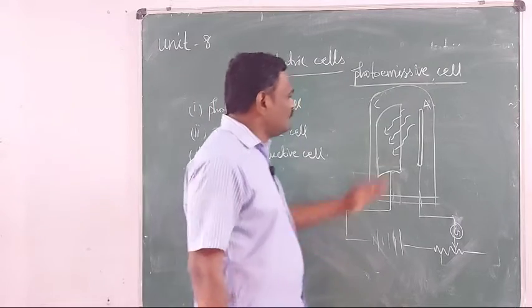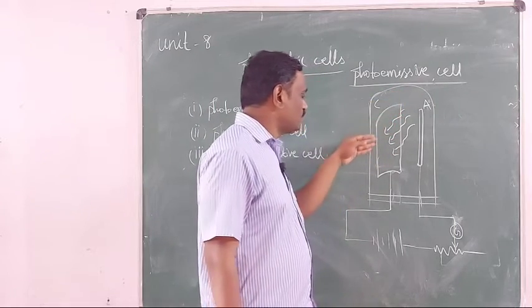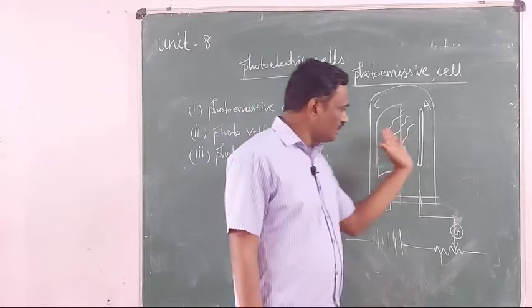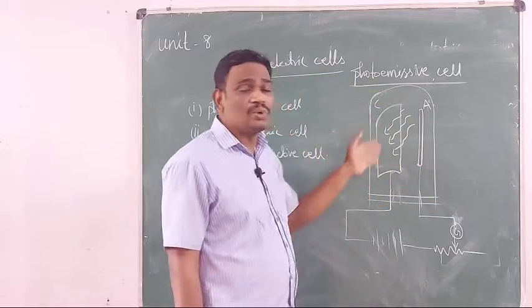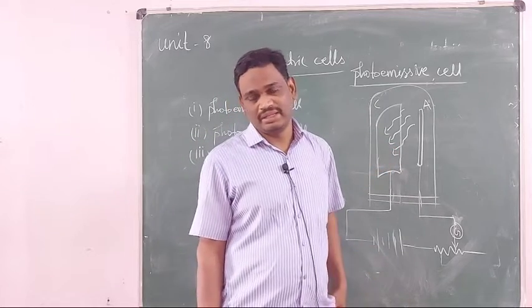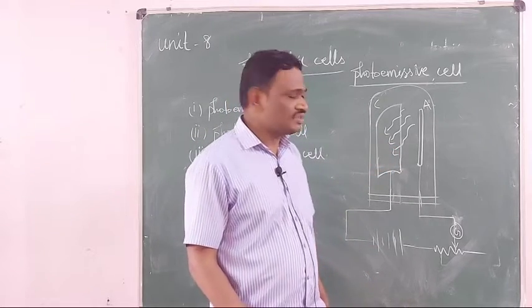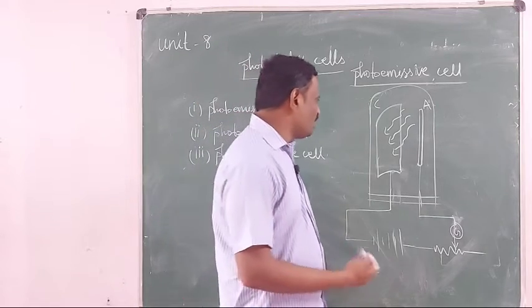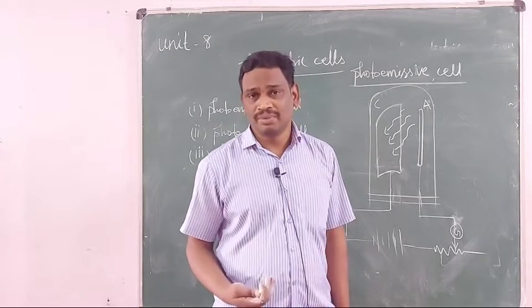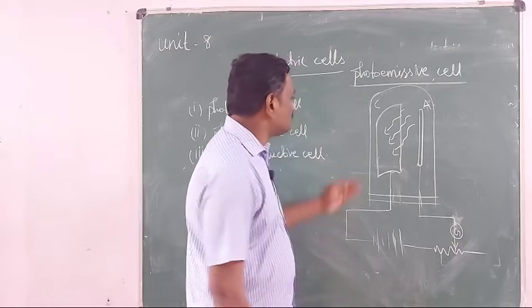See here, when radiation falls on the cathode, it ejects electrons from the cathode, because the cathode is coated with a low work function material. For example, cesium oxide has a very low work function. When you apply a minimum amount of energy, we can liberate more electrons from the metal surface.